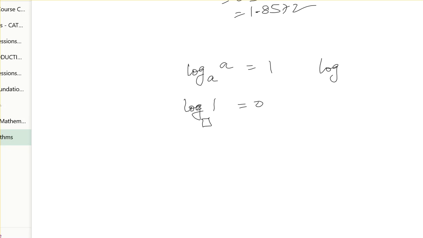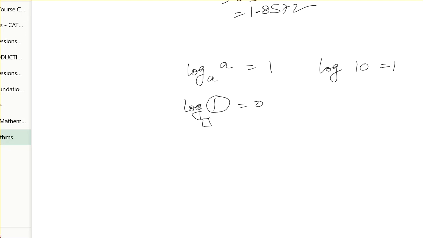So log 10, when base is not given, by default base is 10, so log 10 base 10 is also 1. Okay, log a base a is 1, log 10 is 1, log 1 base anything is 0. So before 1 we can't go to negative numbers and we can't put 0 there.